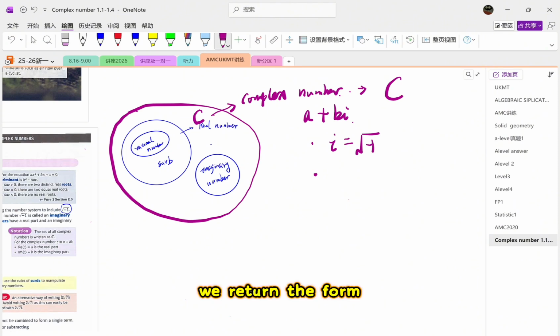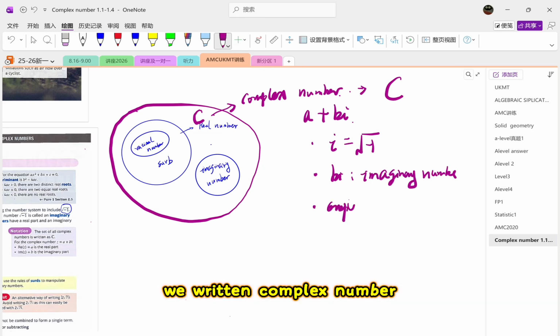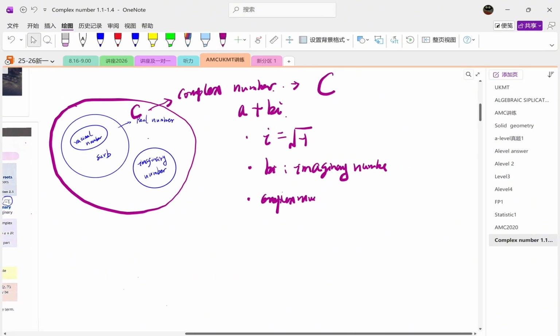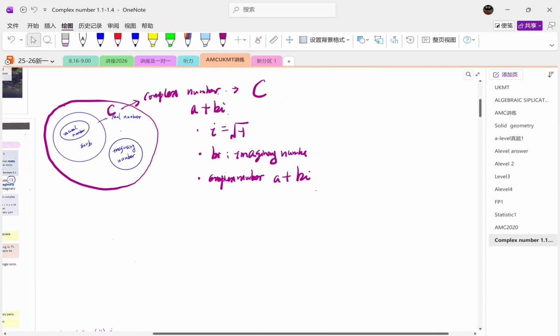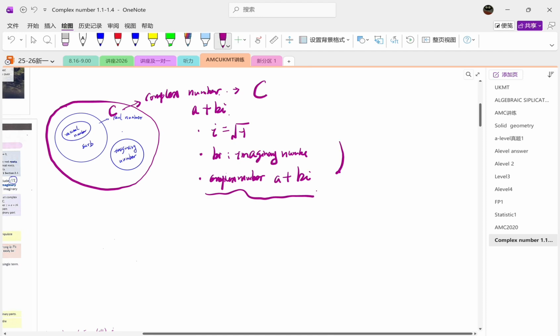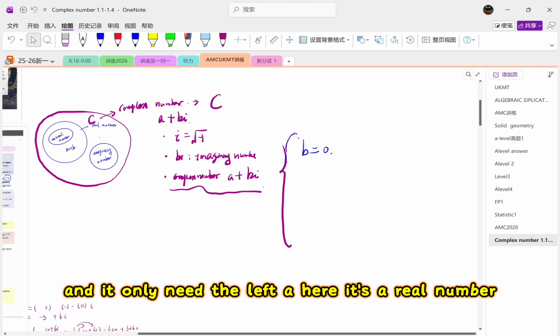Then a number of the form bi, we call an imaginary number. We write a complex number in the form a plus bi. And here, if b equals 0 and only a is left, it's a real number.